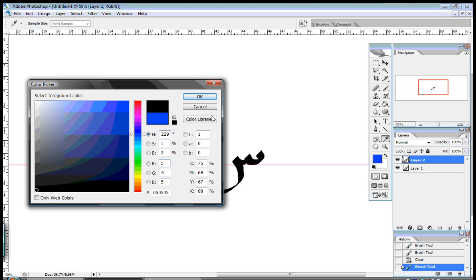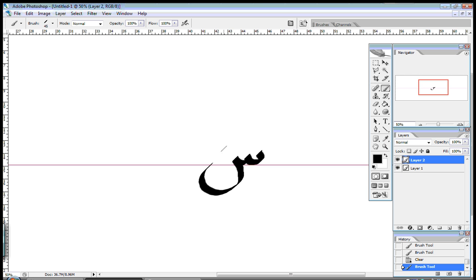Before I go and write it in different places of the word, the next letter would be the same way you write it, but you add 3 dots above it. And 3 dots is like that, like a pyramid. It's called sheen. The sha sound, not cha like the Spanish.